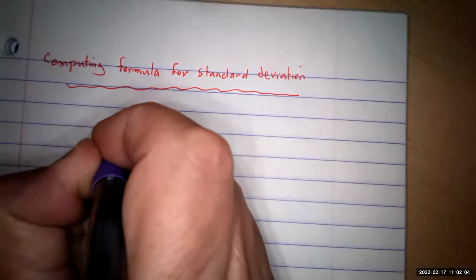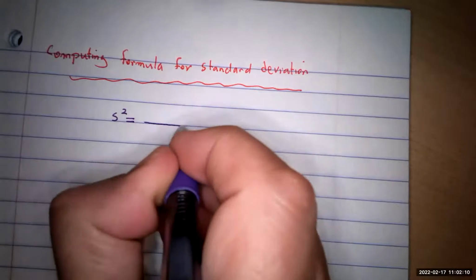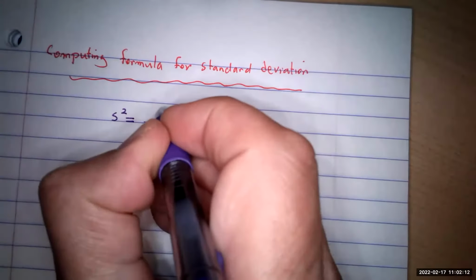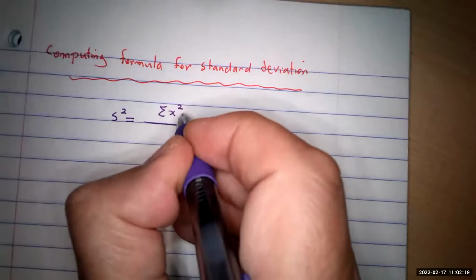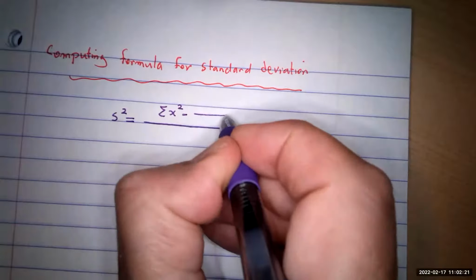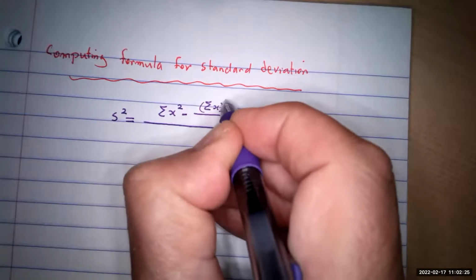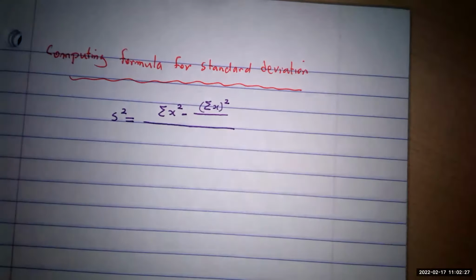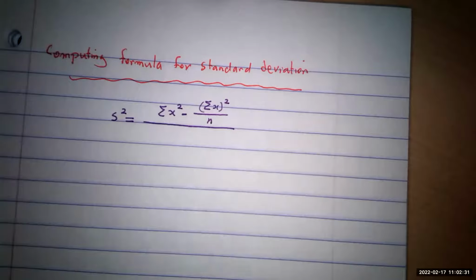This is the one. S squared equals the variance. The top would be changed into this format: sigma of x squared, minus a quotient. On the top of the quotient, it's going to be sigma of x, all squared, divided by n. And then divide everything by n minus 1.